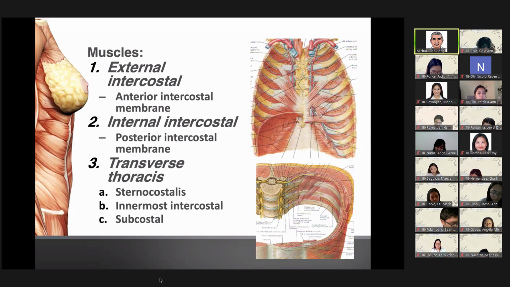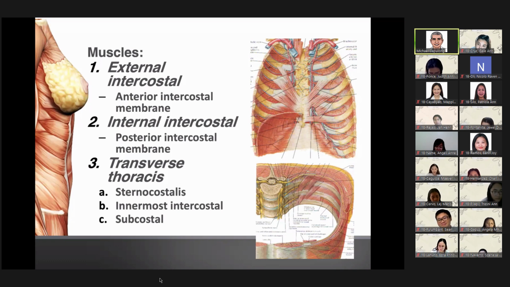Okay? So the external intercostal muscle will attach to the inferior border of the rib above and the superior border of the rib below. Now you will see this later on in the laboratory when we show you the dissection, that the external intercostal muscle fibers, as it goes towards the center, towards the sternum, will not be visible, but it will be replaced by your anterior intercostal membrane.